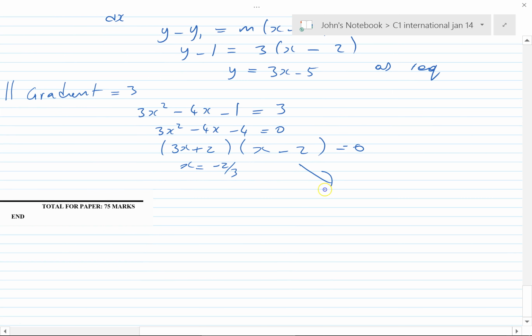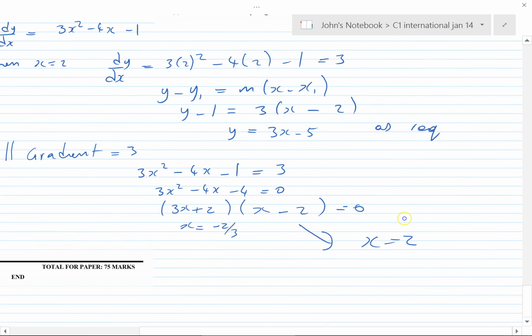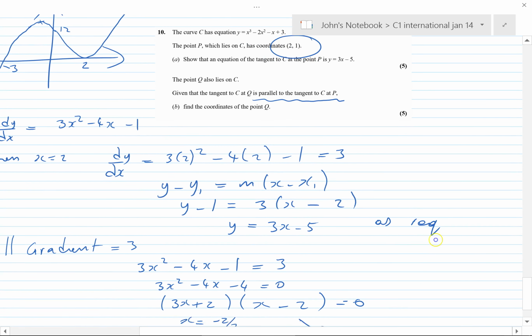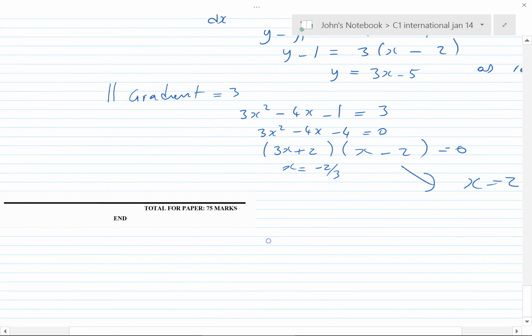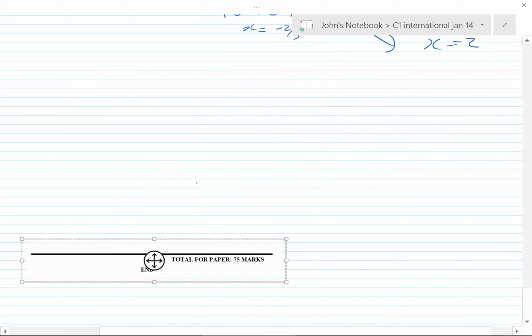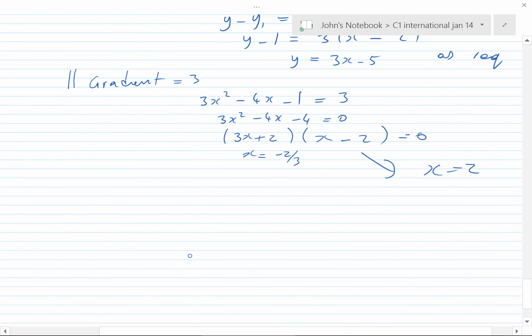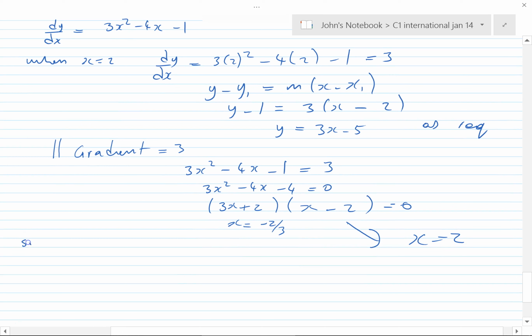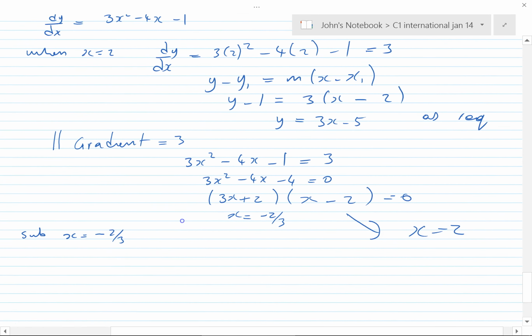There's no need to work this one out, because that's the point we started with. That's our 2, 1 that we started with. That's one of the points where the gradient is equal to 3. So all we need to do now is sub minus 2 over 3 into the original equation.